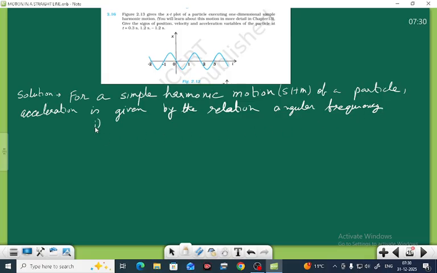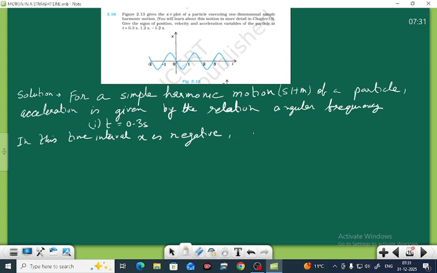Now, at t equal to 0.3 second, in this time interval, x is negative, that is, the position is negative.